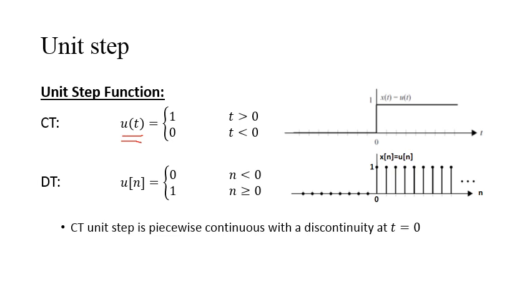A unit step is piecewise continuous, but it has a discontinuity at t equals 0, right? So at t equals 0, it is discontinuous.